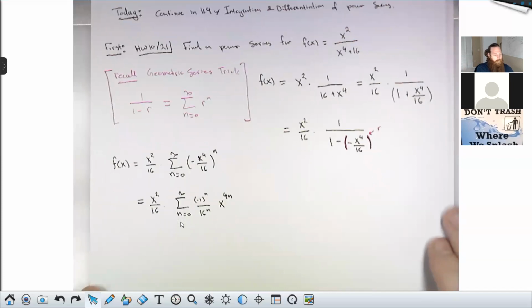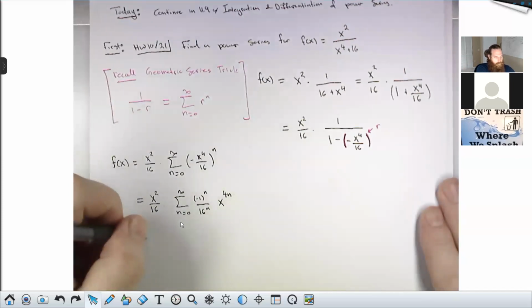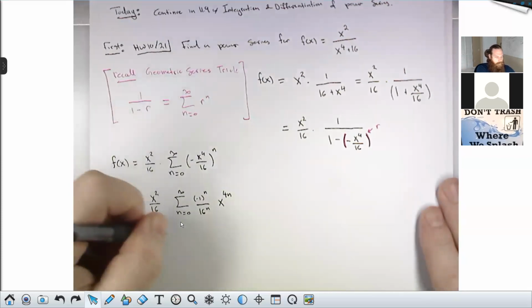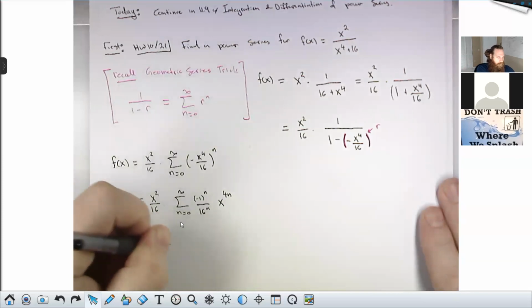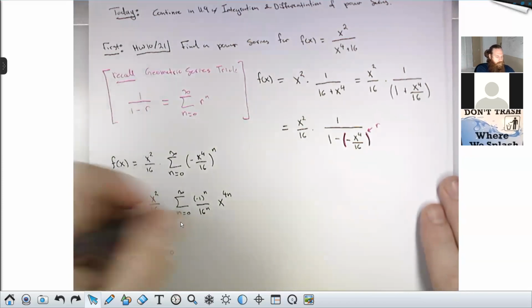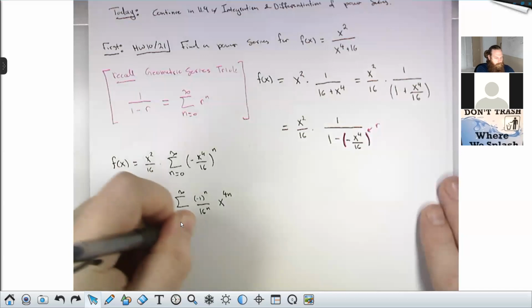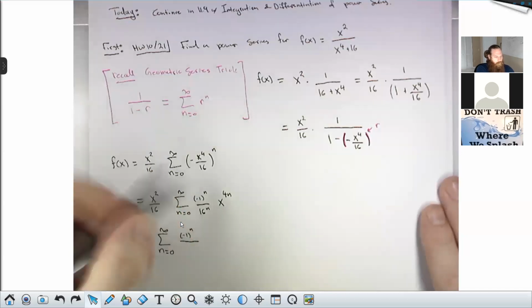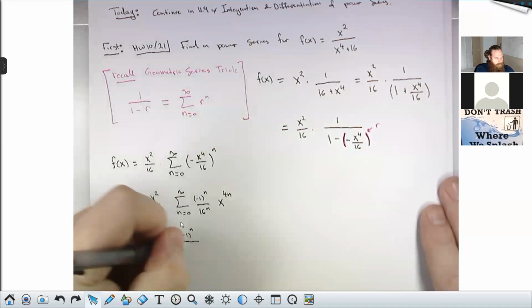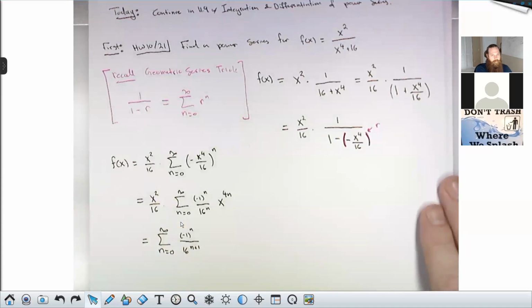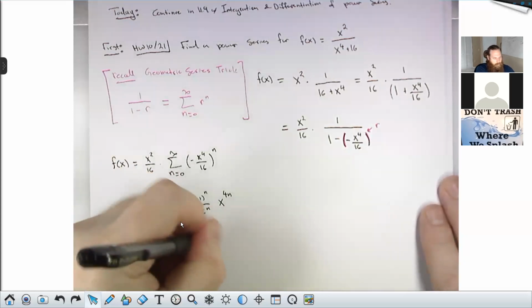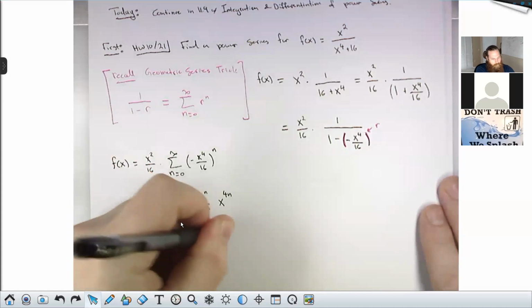And then I can bring the x squared over 16 into the series. I'll get sigma n from 0 to infinity, negative 1 to the n over 16 to the n times 16 is 16 to the n plus 1. And x to the 4n times x squared is x to the 4n plus 2.